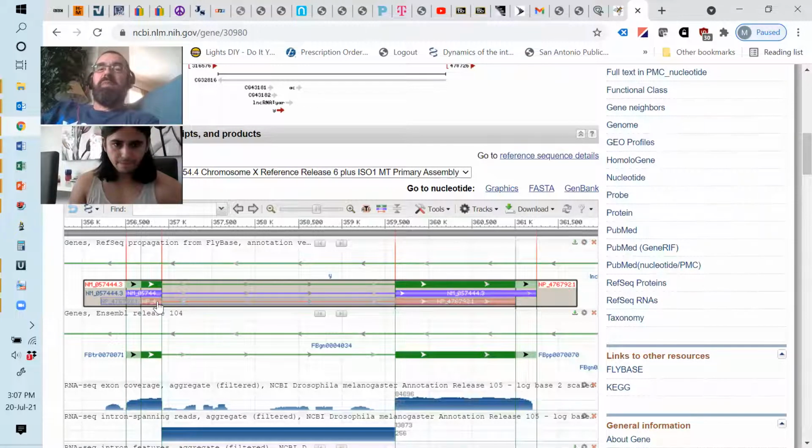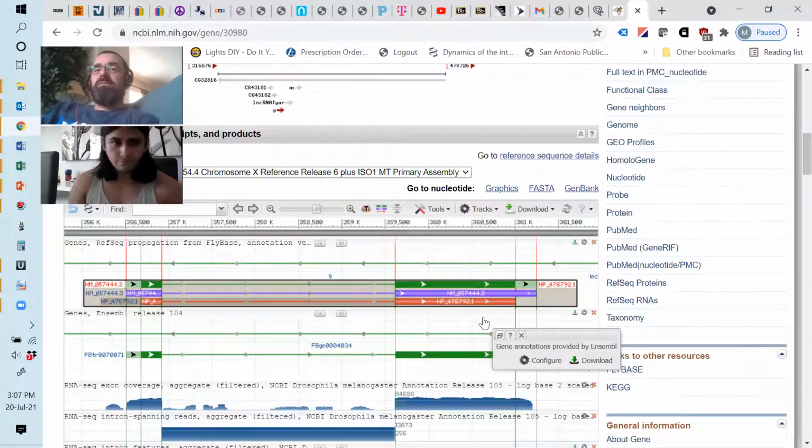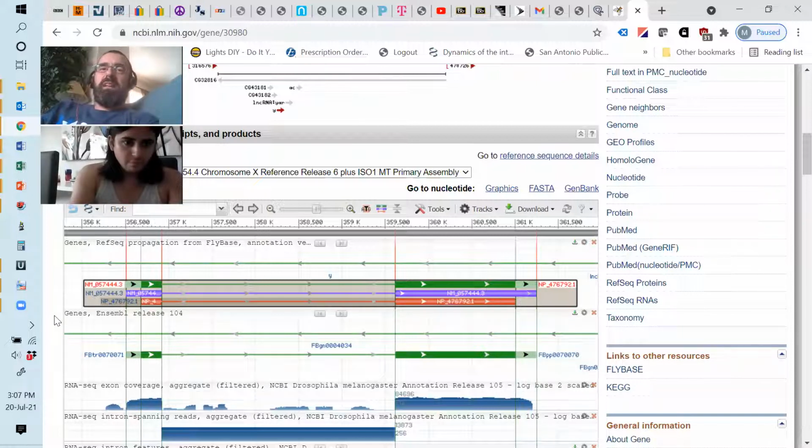Okay, so what is the red bit? It's missing the bit at the beginning and the bit at the end, the untranslated regions. So what is the red stuff? What does the red represent? It's not DNA.